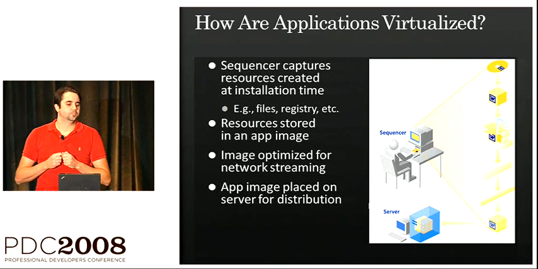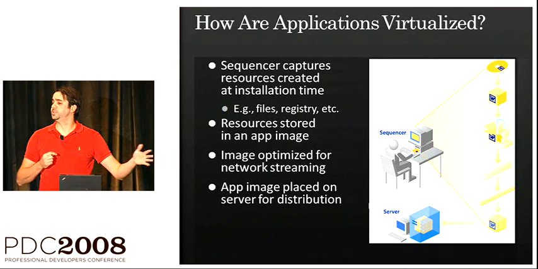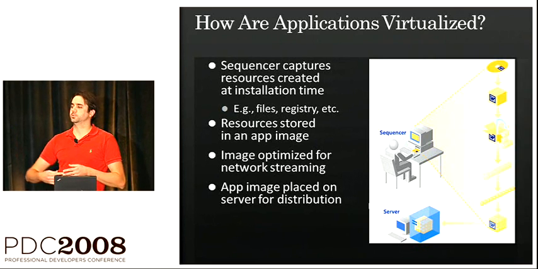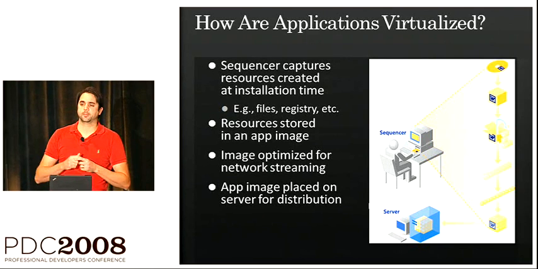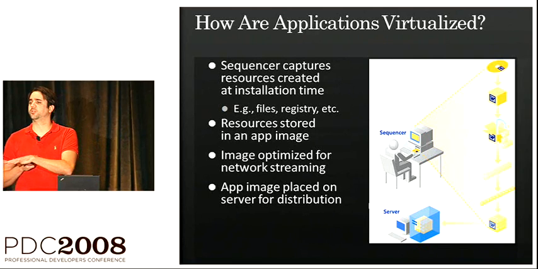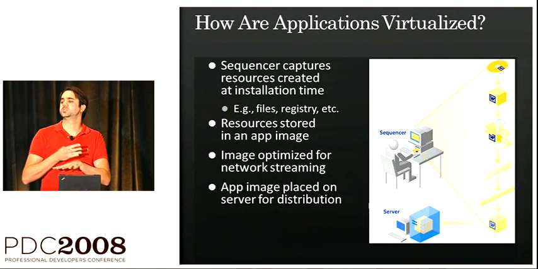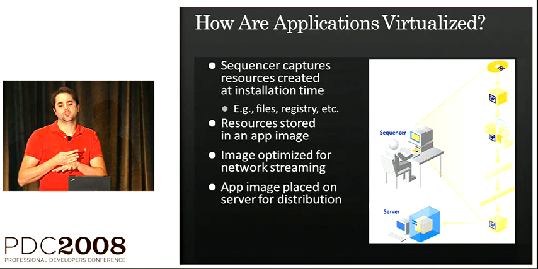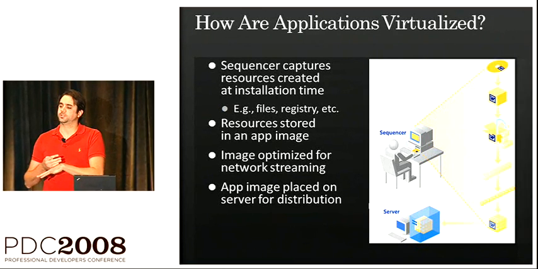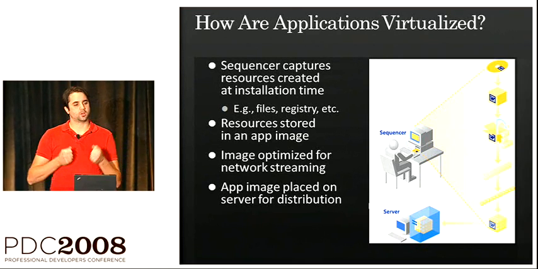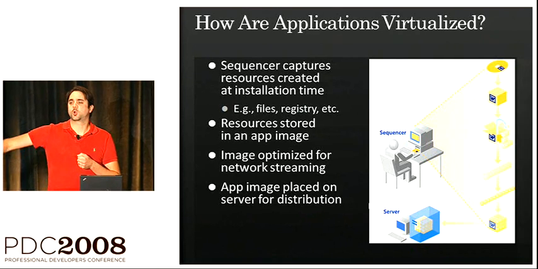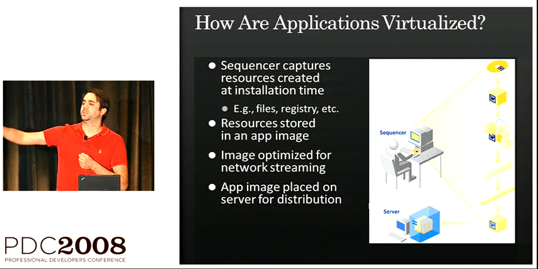And obviously, if they start using it, they may touch pieces of the application that aren't there yet. So, they open up Word, and the first thing they do is touch the equation editor because they're like a math guy or something. Well, we have a file system sitting underneath that can actually handle all of those requests. And effectively, what's happening is the system's in the middle of a page fault, and our file system handles the page fault because it's the file system for the application, and sends a quick request out over the network and says, "Get me this block."